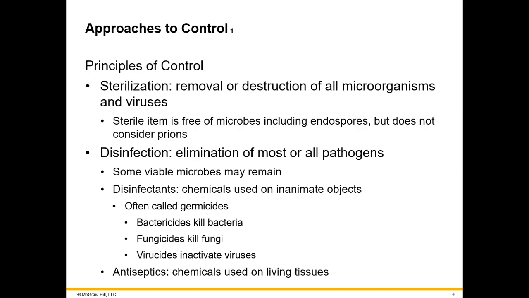And you're familiar with some of the methods used in sterilization. You've done some microbiology labs. Autoclaving, with high pressure and high temperature, is a method of sterilization, although there are others, and we will talk about those in this chapter.